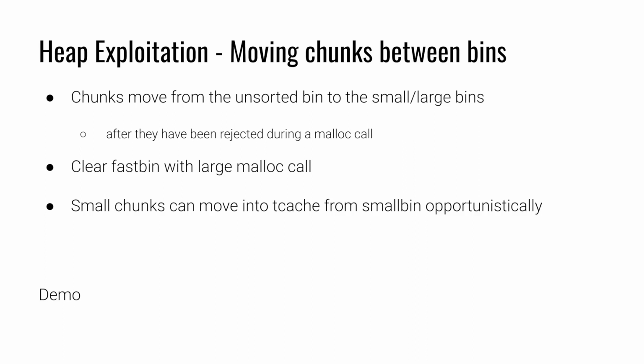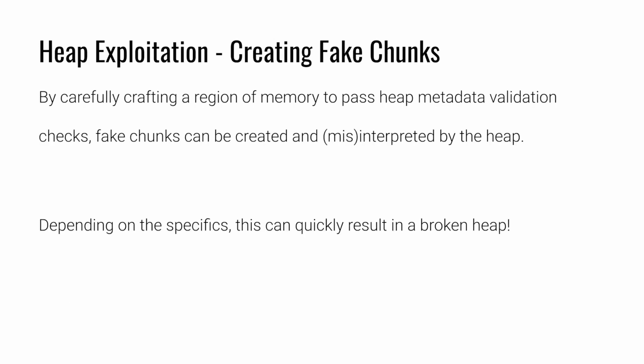There's a couple more things that are worth mentioning, although I'm not going to demo them, but they're definitely relevant for this module. The first is creating fake chunks. So we saw with tcache that we could override a next pointer and get the tcache heap to start returning values that it's not necessarily supposed to.